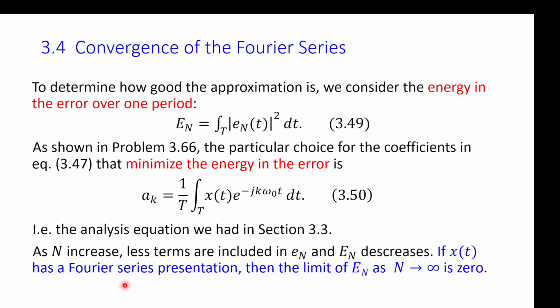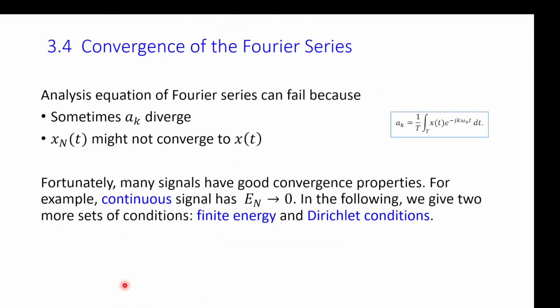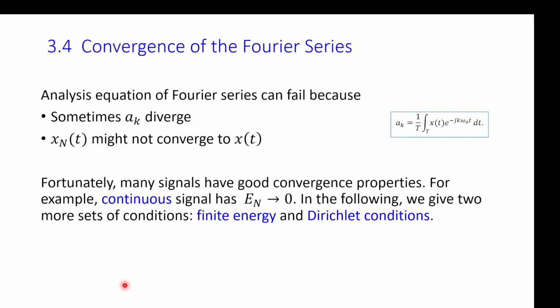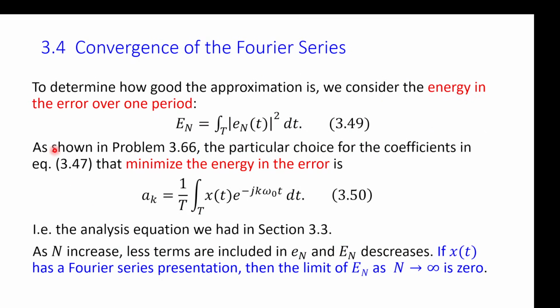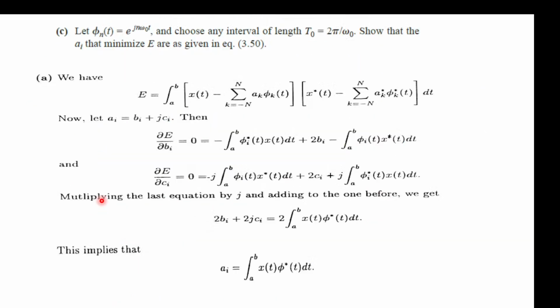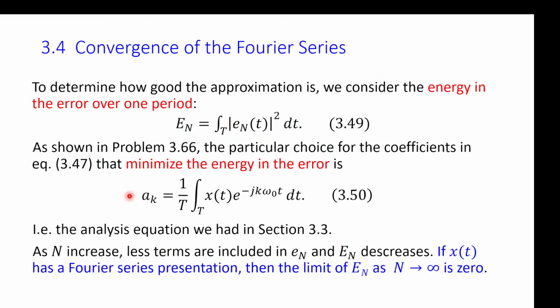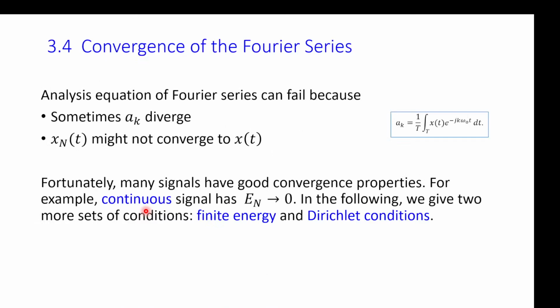This is the weakest sense of convergence. And here is a proof that our a k actually minimize E N, and we will skip it.